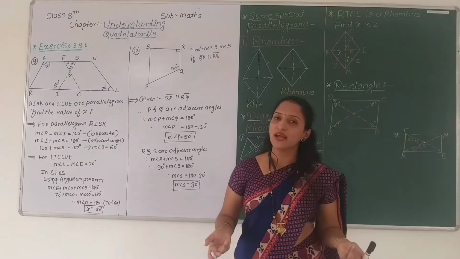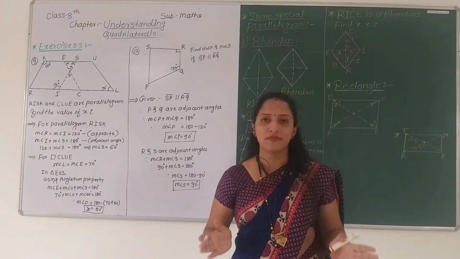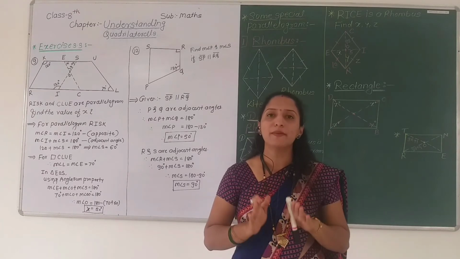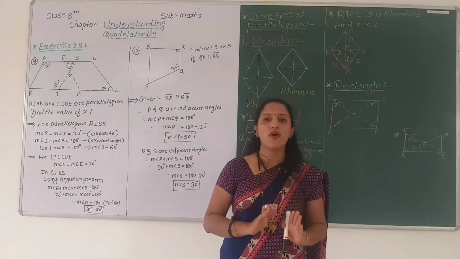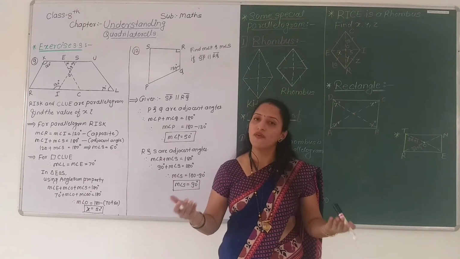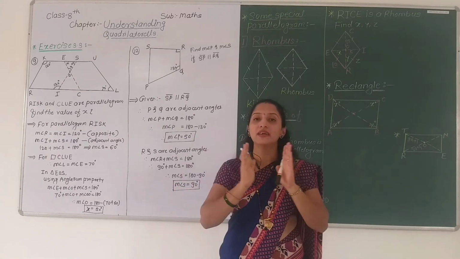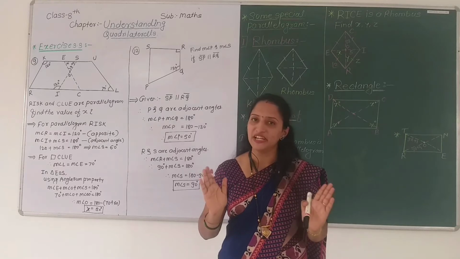So the diagonals of a rhombus are perpendicular bisectors of one another. That means they are perpendicular to one another, and they also bisect each other.